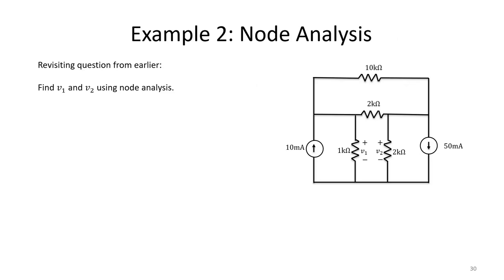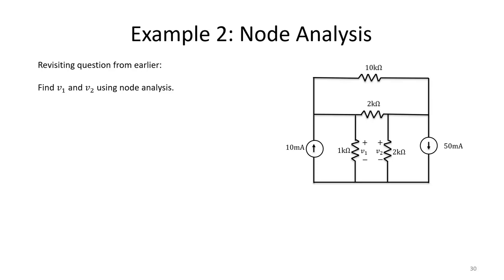Remember this circuit from earlier? This was that more complex circuit, and we weren't sure how to solve it using equivalent resistors. But now that we know node analysis, we can actually solve this circuit using the tools that we've learned.